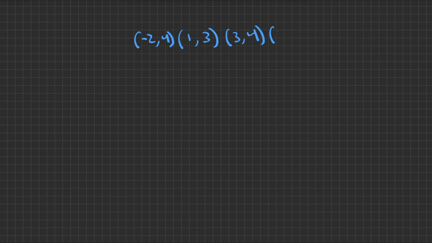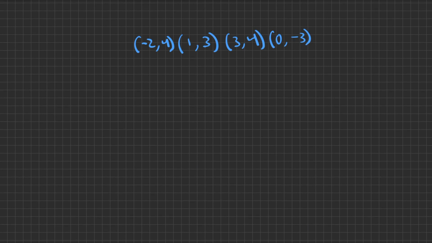And I don't know, 0, -3. That works. All right. So this here is what we'd call a relation. Put this in brackets, separate all these. Boom, that's a relation.